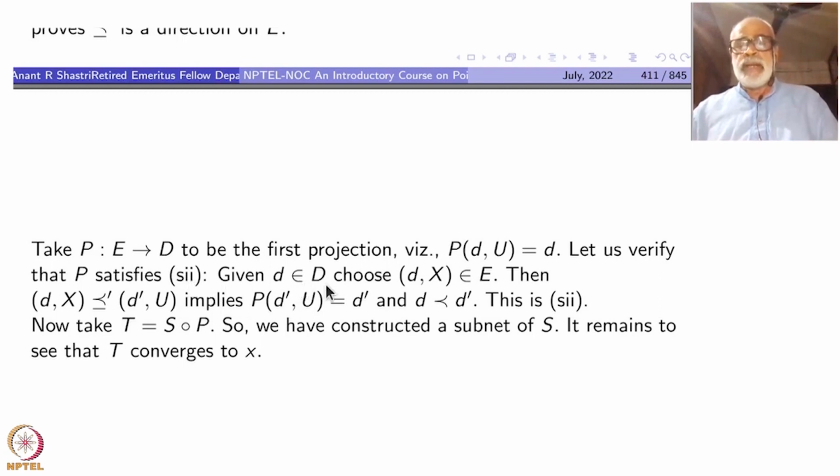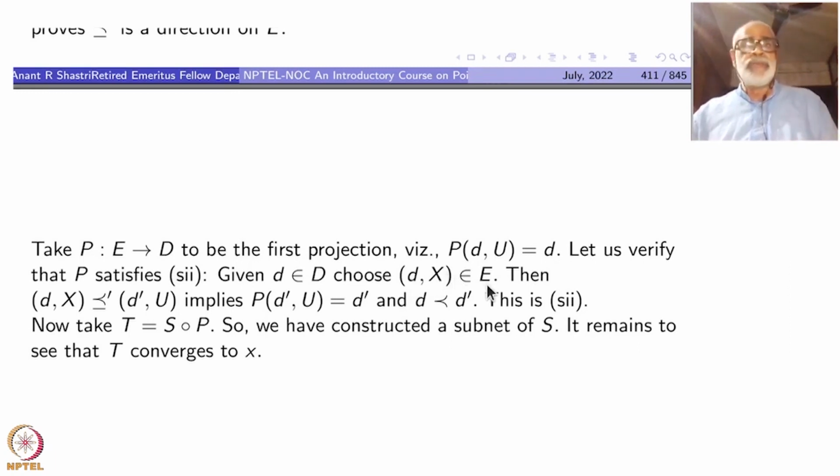Given a d inside D, choose any (d, some neighborhood). I have to choose some neighborhood. I have chosen x. So choose the whole of X, then this will be inside X already.